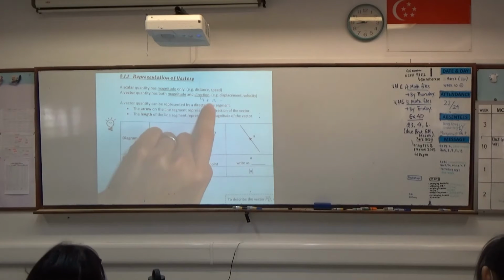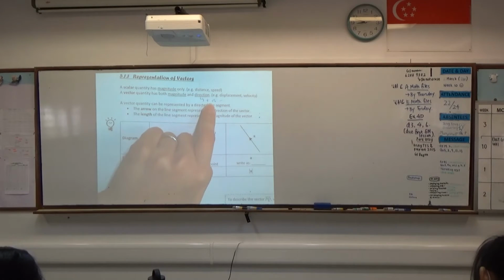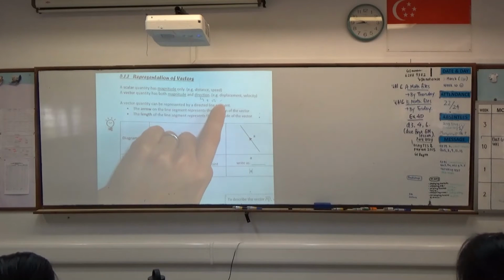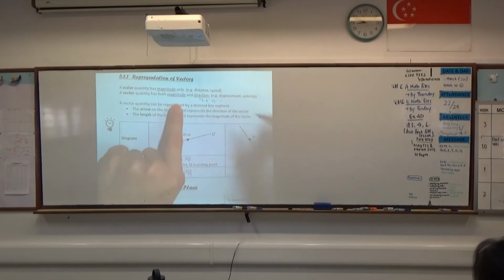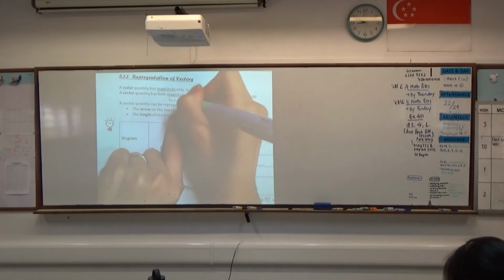Usually positive is considered the rightward direction and negative is considered the leftward direction. But since in vectors we are going all sorts of direction, I will talk more about it later on. So plus and minus is usually for your direction, magnitude are your values.